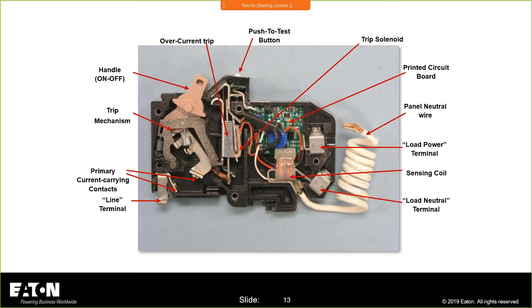Here's what's inside of a GFCI circuit breaker. There is your CT, okay? And what you're seeing is this is coming in from the load. This metal is connected over here, and it comes down and goes through the donut.